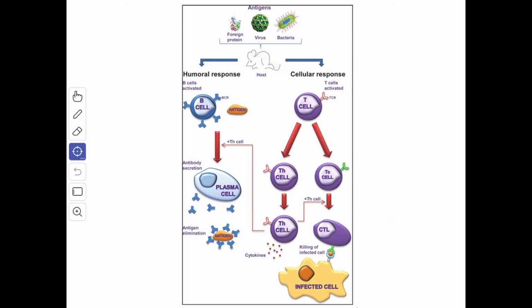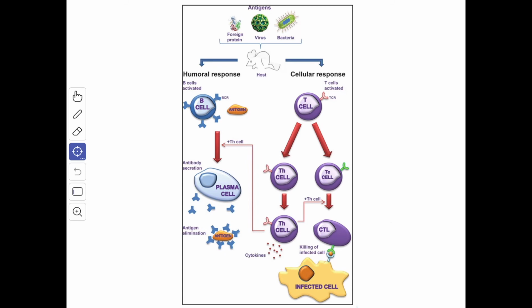When the helper T cells come in contact with this complex, they look for B lymphocytes capable of producing antibody against the particular antigen. They then stimulate the B lymphocytes to multiply, so that a large number of B lymphocytes capable of producing antibody against the particular antigen are produced.